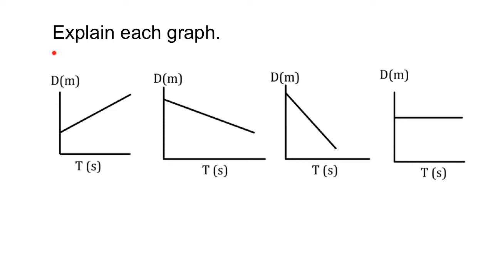Okay, so my question is to explain each graph. So what I mean is you can just describe what this would be representing. So if we think about, like in the warm-up, he's driving his car. Well, here at the start, so when time is 0, he already is a certain distance away. So he's starting a certain distance away.